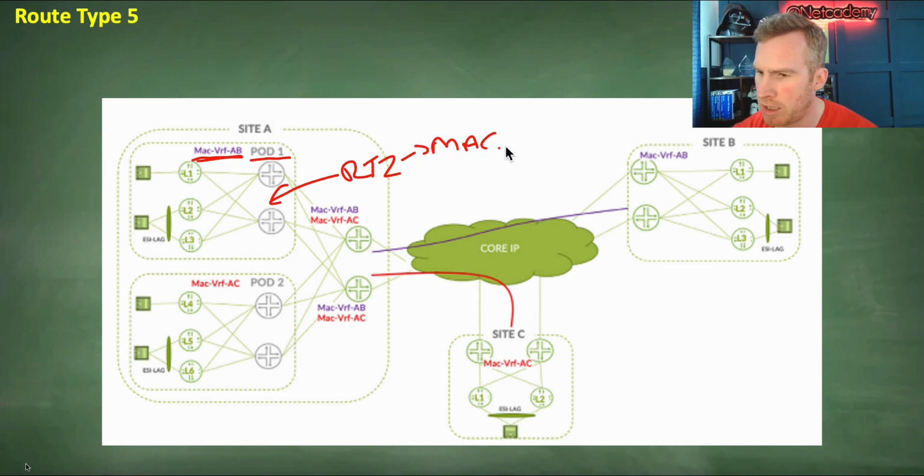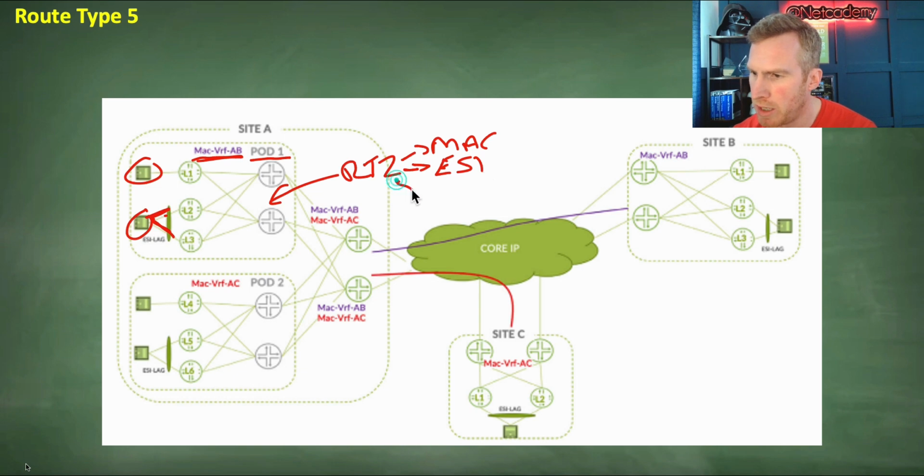So that would be the MAC address of the tenant of the server in this particular case. And because this device here is actually multi-homed, in route type 2 you will also get that Ethernet segment identifier, identifying that this MAC address is behind a multi-homed connection.